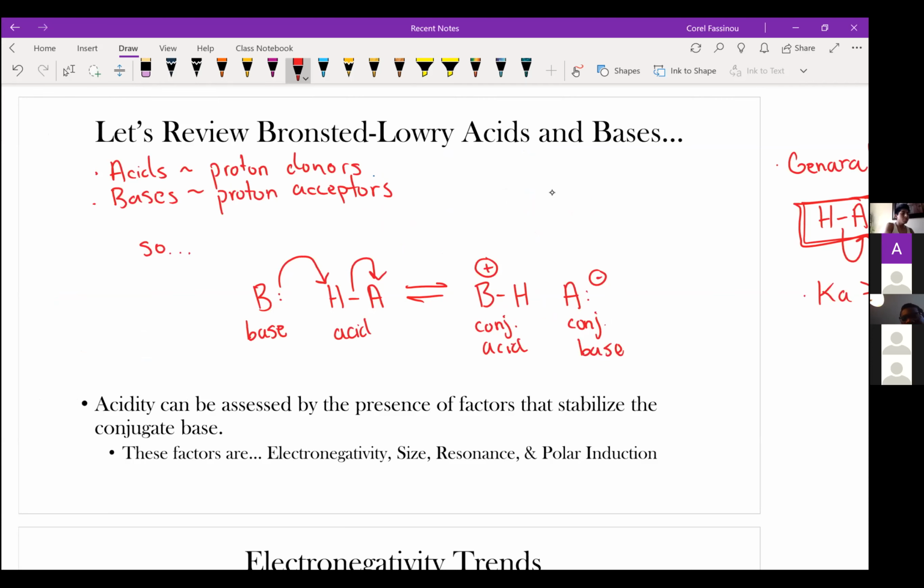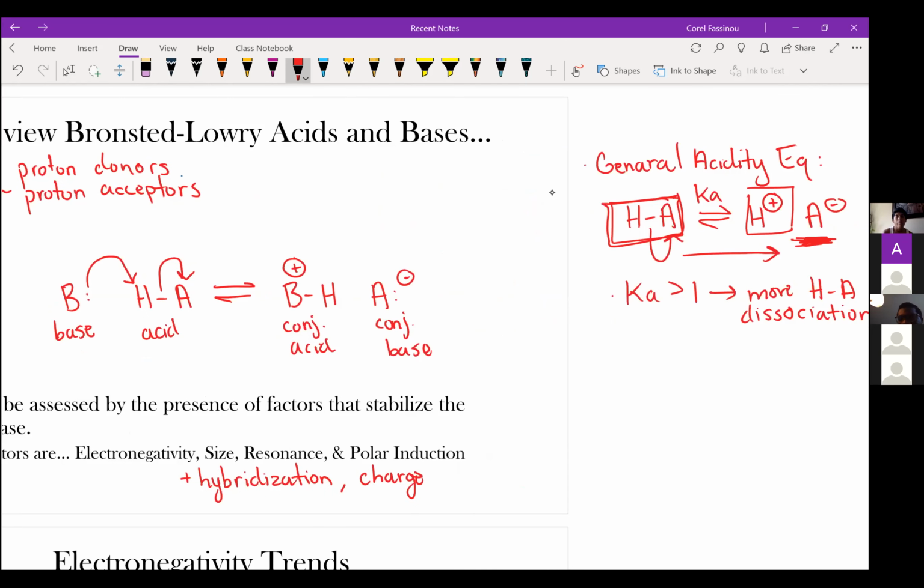There's also going to be hybridization, and then charge. As we go through, I want you guys to keep this mnemonic in mind, C-A-R-I-O, Cario.